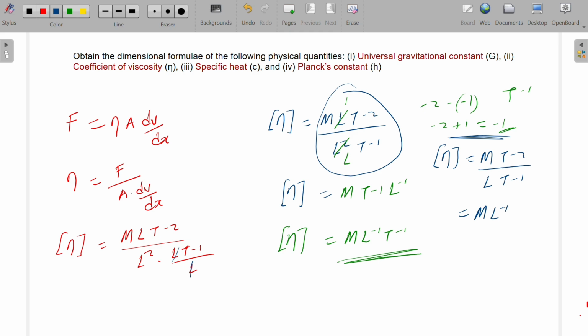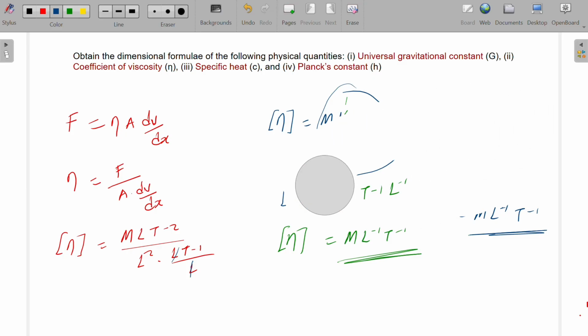So that's a minus 1. And then our T is also having a minus 1. So that's how we came up with the dimensions like that from this stage here. I hope it's understood now. We'll go to the next one.